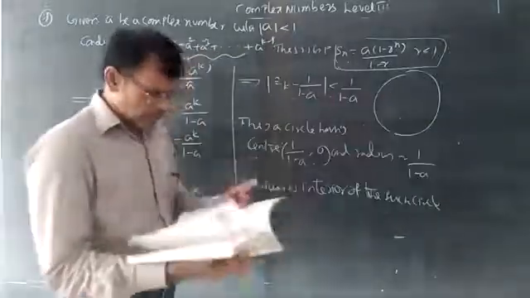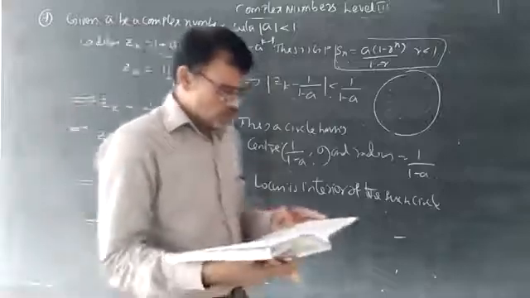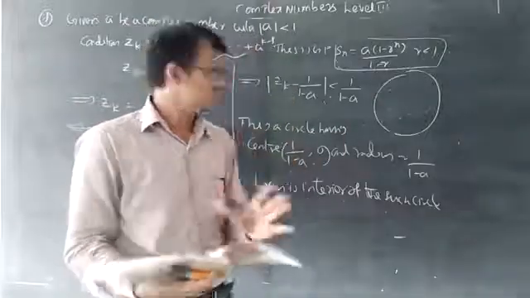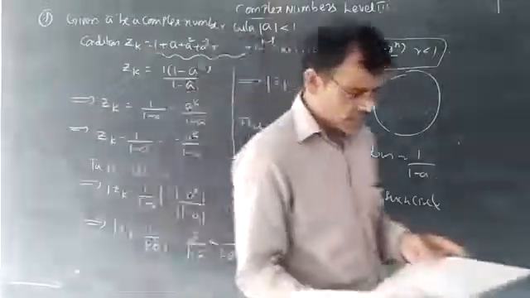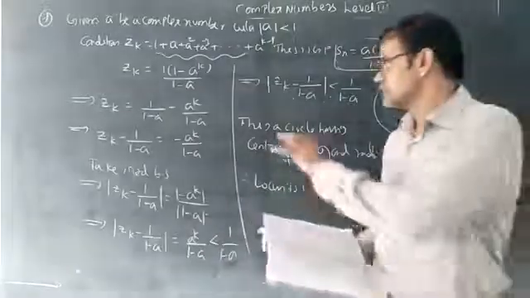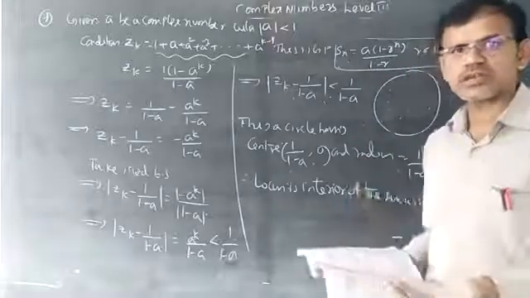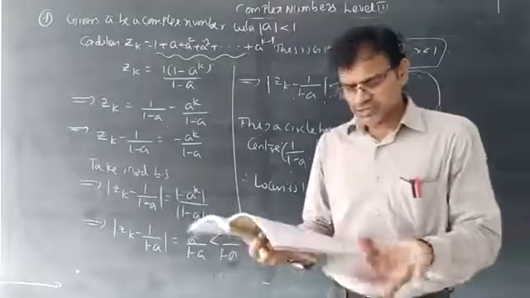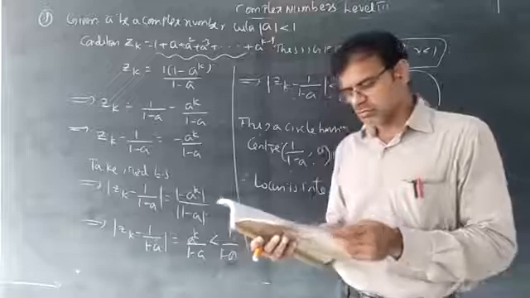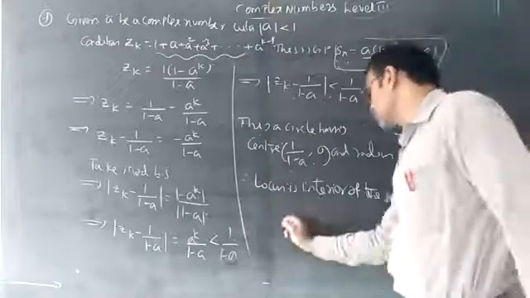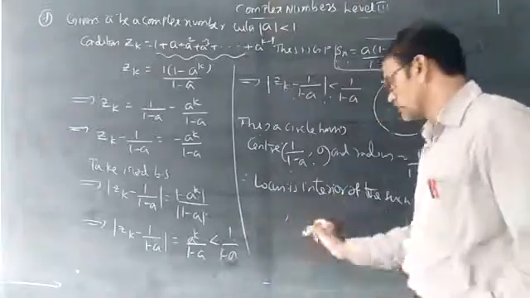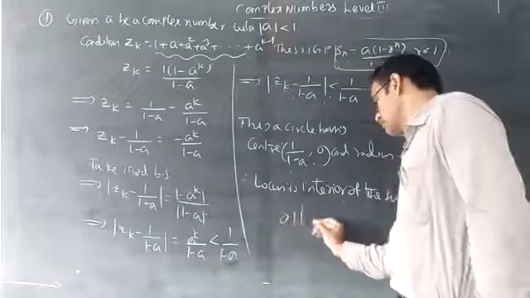So according to our option, we can understand polygon within circle. Whenever within circle, directly he is mentioning that every point is inside of circle. So what is the equation of circle? Modulus of Z minus 1 by 1 minus A is equal to 1 by 1 minus A. Option 3. Verified. Option 3.